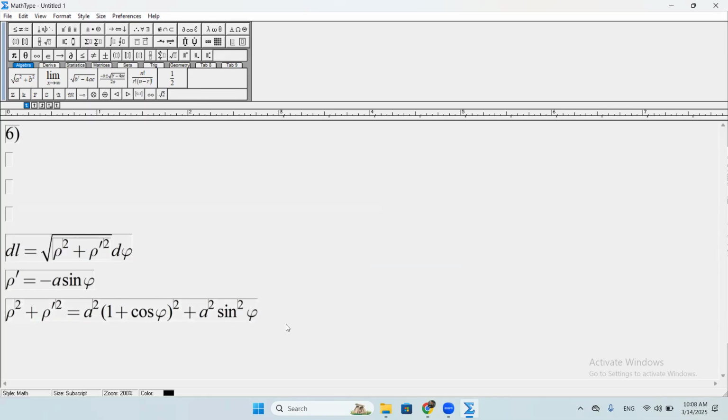So expanding these brackets, let's also move a squared out of brackets. So 1 plus 2 cosine of phi plus cosine squared of phi plus sine squared of phi.